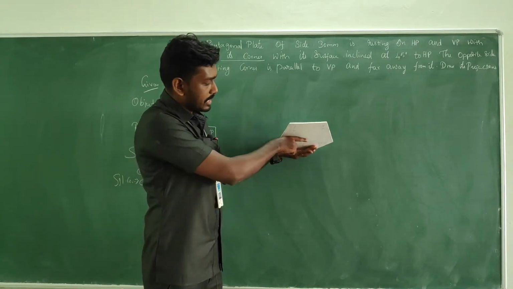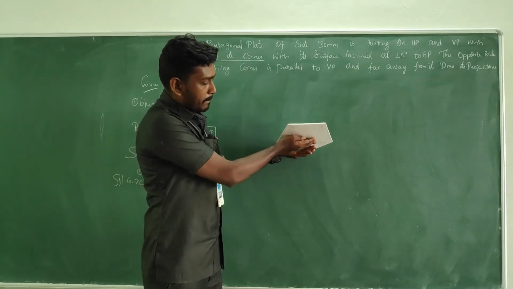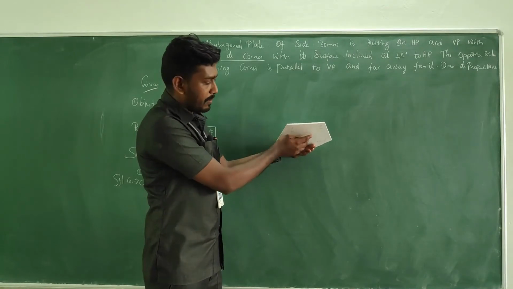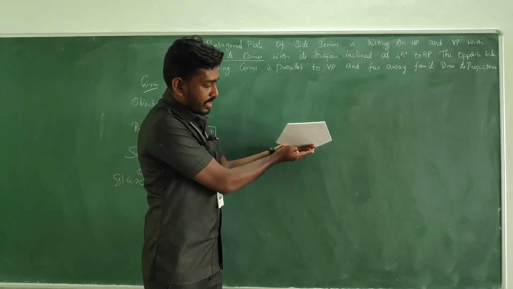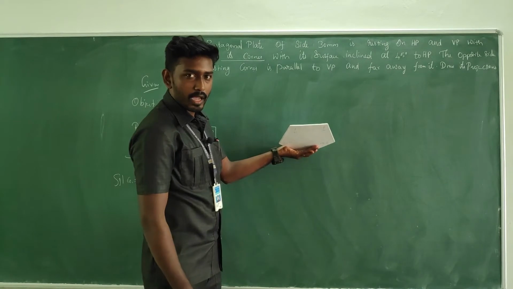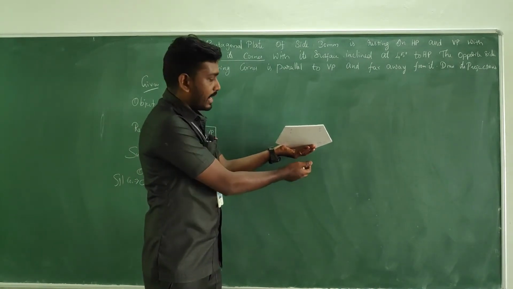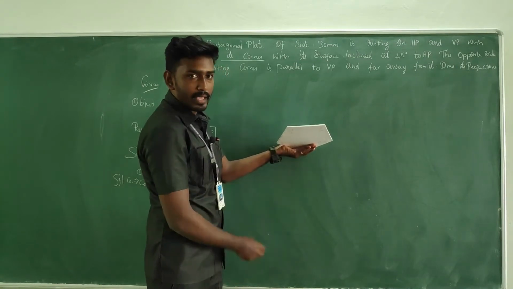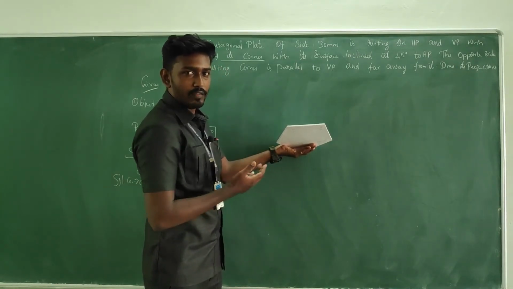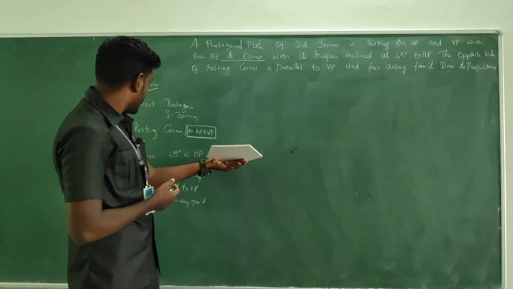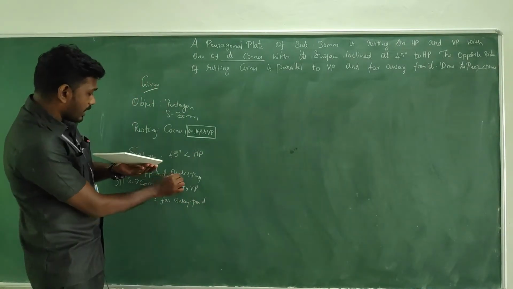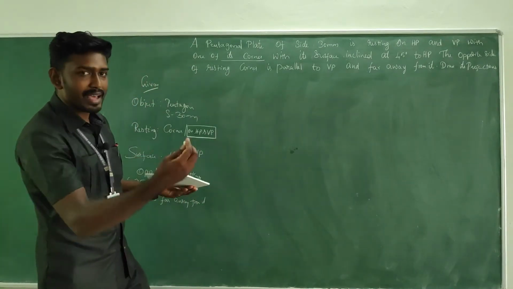Now if you check, the surface of the plate makes an angle with the horizontal plane, and one of the corners will be lying on the HP as well as on VP. It is given that the opposite side of the resting corner is parallel to VP.